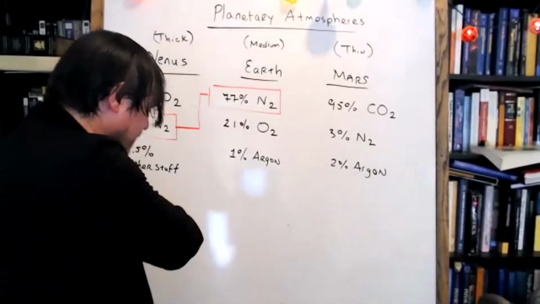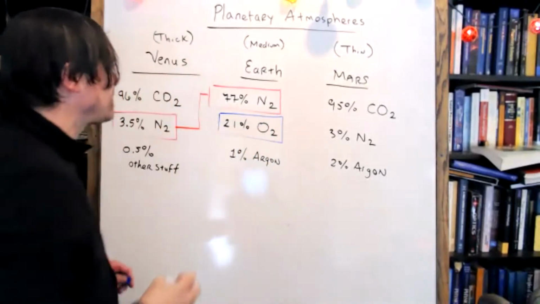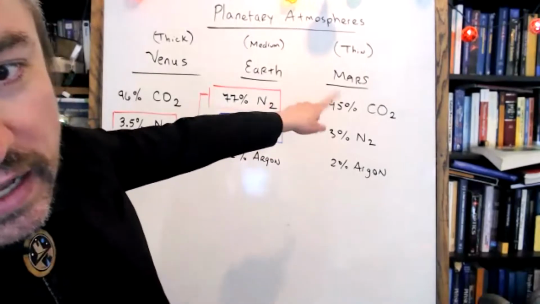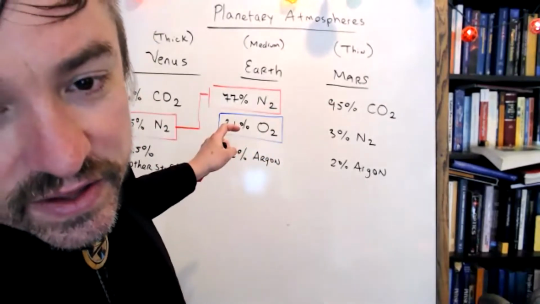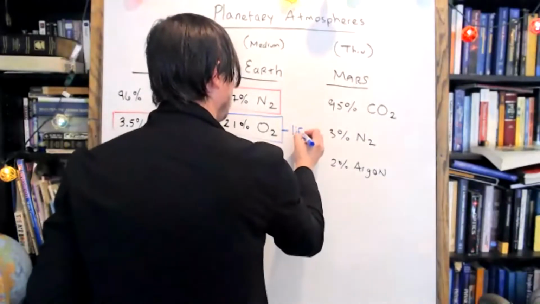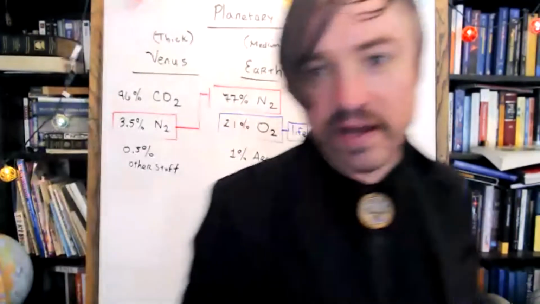Another planetary mystery, which I already kind of spoiled the surprise. Diatomic oxygen does not appear on any of the other planets. And it turns out that this is created by life itself. So life is responsible for the generation of Earth's diatomic oxygen.